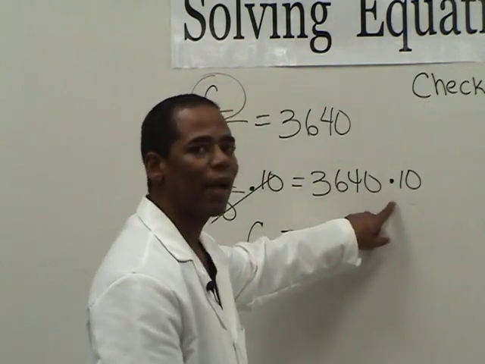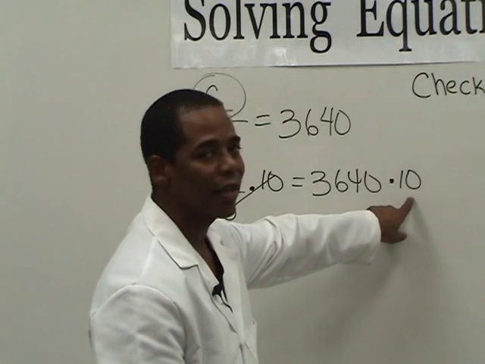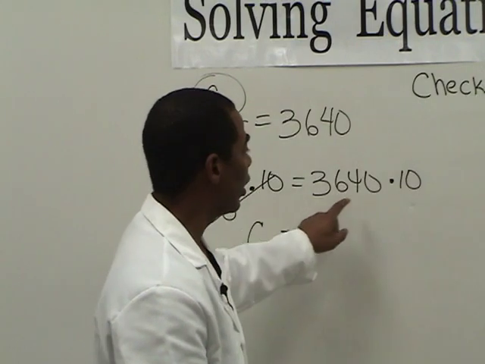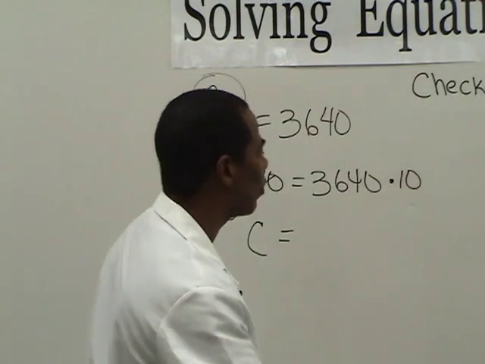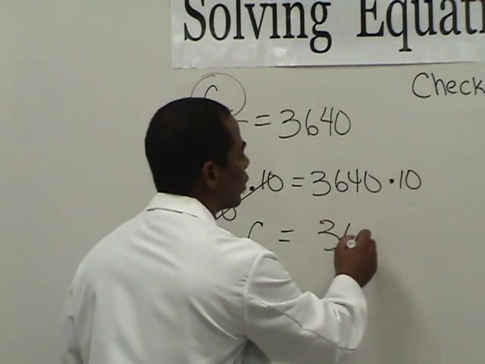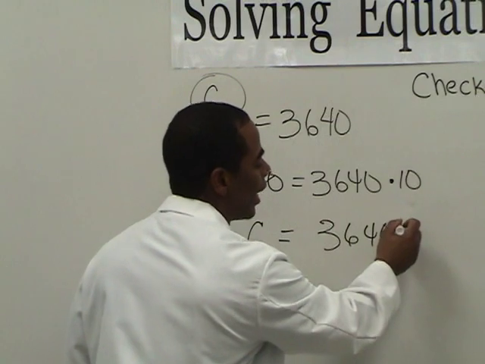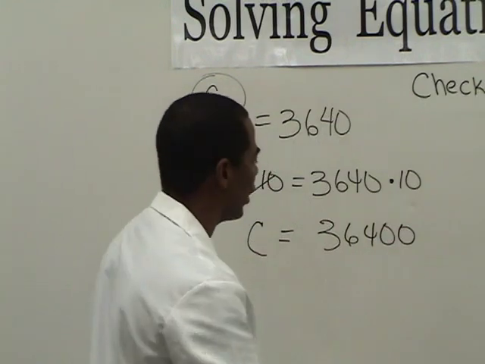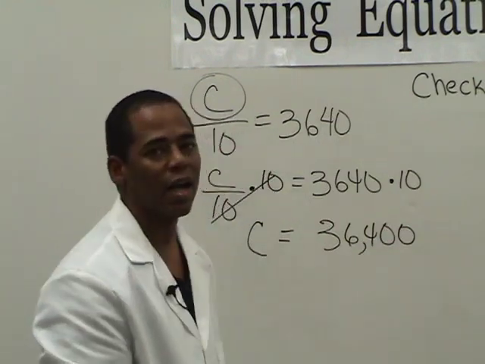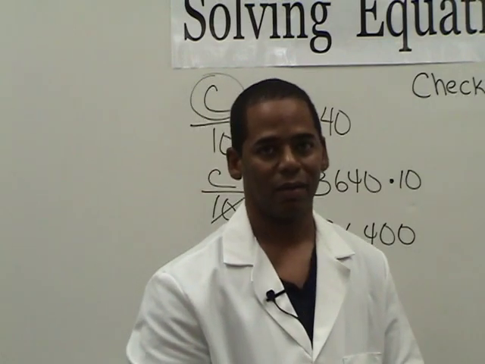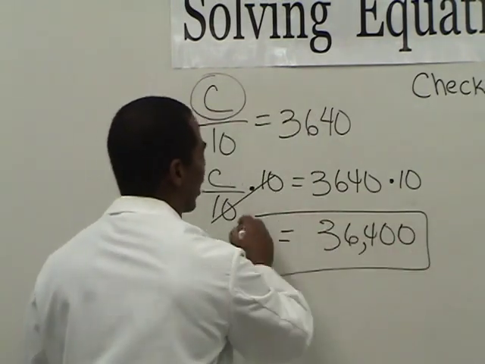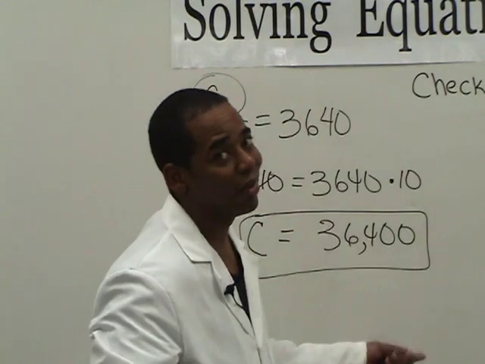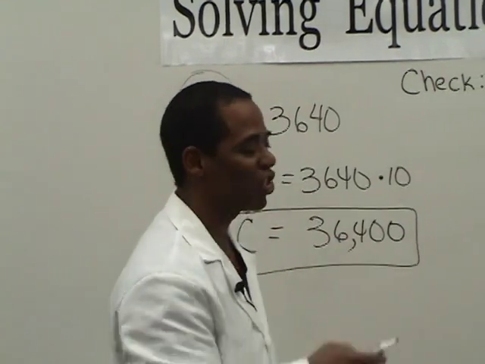If we multiply by a base of 10, you just add the zeros. So here I got 3,640 times 10, that's 1 zero. It's going to be 3,640, and we add 1 zero because it's 10. That gives me 36,400. So your answer would be c is equal to 36,400. Is it right? Let's check it and see.